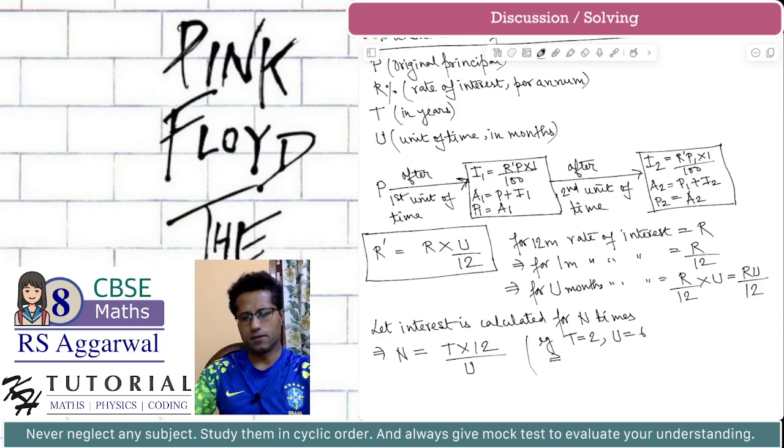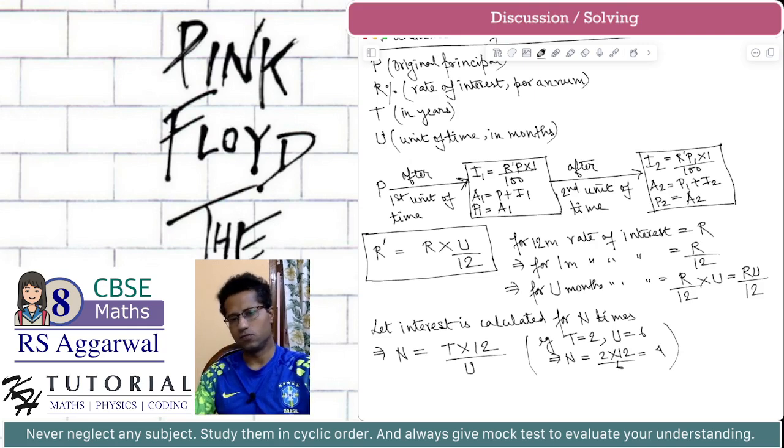This will imply n, the number of times we have to calculate the interest, which is represented by the box in the flowchart diagram. N will be equal to 2 multiplied by 12 divided by 6. This is equal to 4. So we have to calculate the interest 4 times to find the amount of the compound interest if time T is 2 years and the unit of time is 6 months.